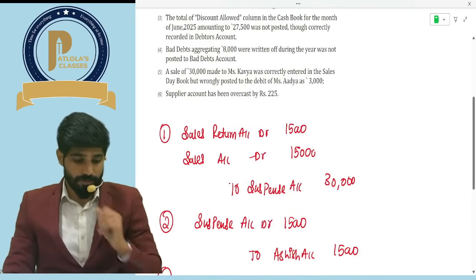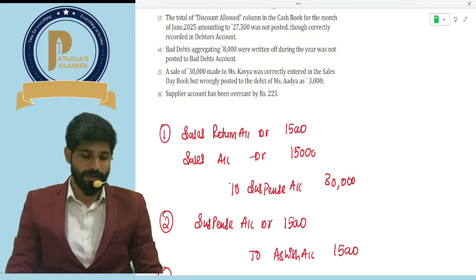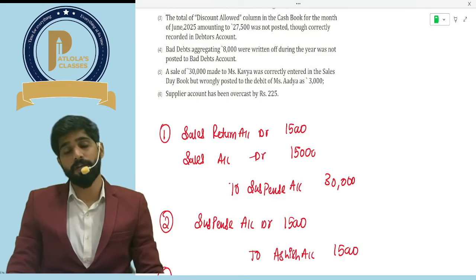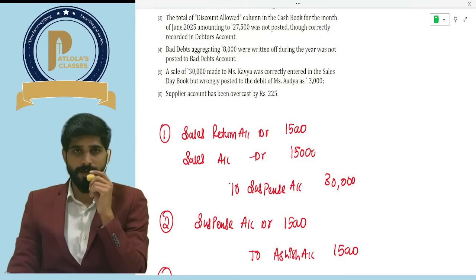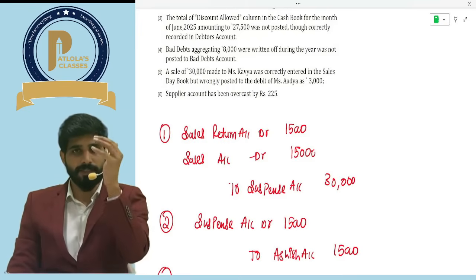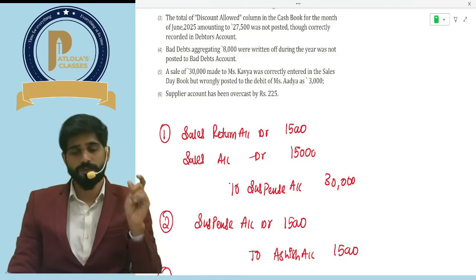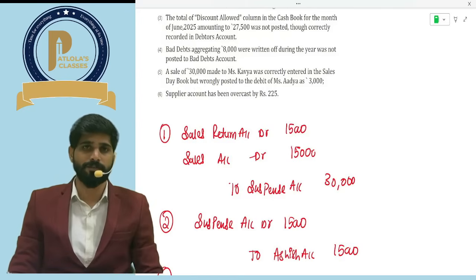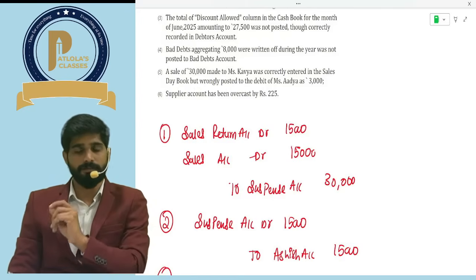The last one is the simplest one. Supplier account. Supplier means trade payable. It has been overcast. It is taken more. By how much? 225. When you take more on the credit side of the trial balance, the debit side will be less by 225. That we will put to suspense. So suspense will have a debit balance of 225. Now that we are rectifying the error, suspense should be cancelled by crediting.